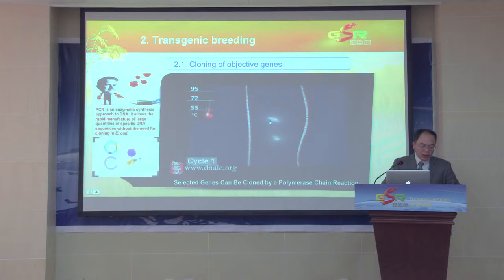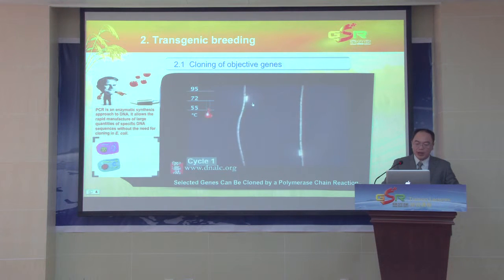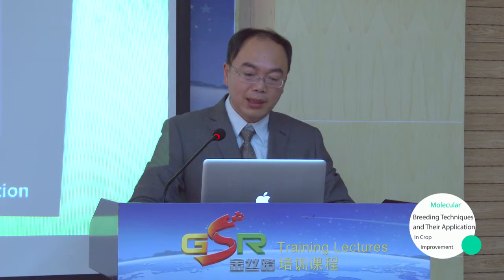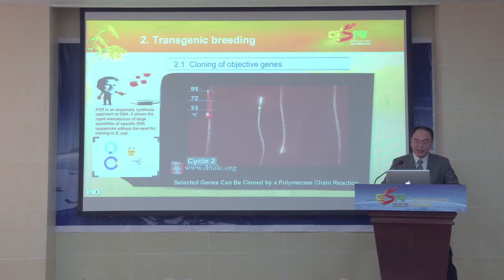Then, when the temperature decreases, the primer sequence binds to the template DNA, and then at a slightly higher temperature, polymerase binds to the primer sequence and adds nucleotides to extend the second strand.